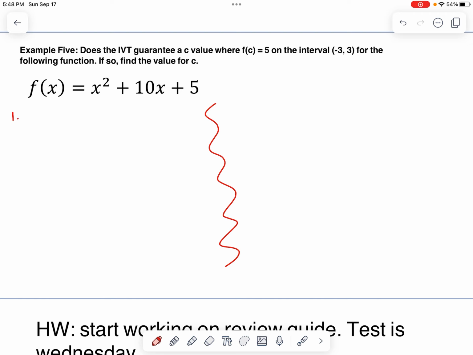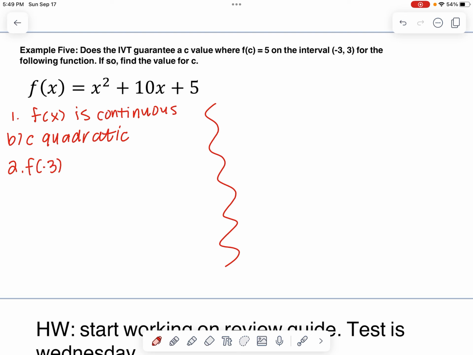So first, we have to check the continuity to guarantee this. f of x is continuous because it's a quadratic. Next, we need to check that 5 goes between f of -3 and f of 3. So I've got to check f of -3 first. If I plug that into the function, I would get 9 minus 30 plus 5, and that comes out to be -16.